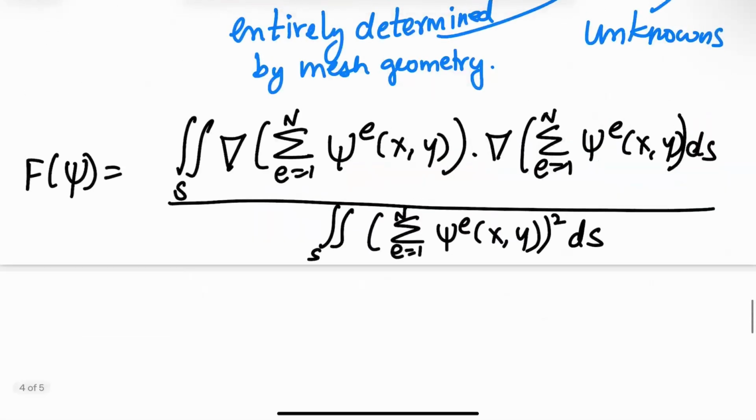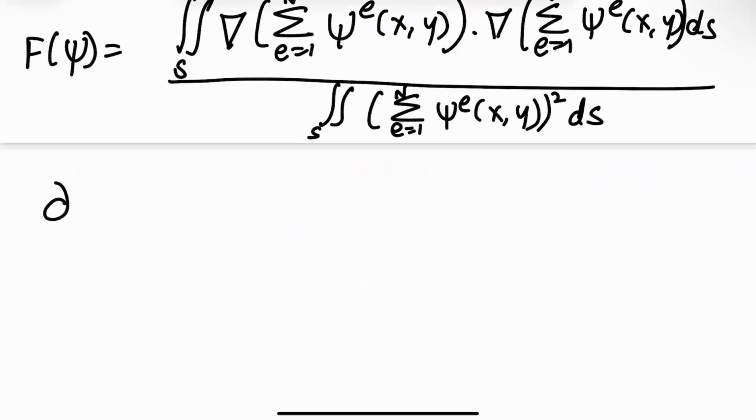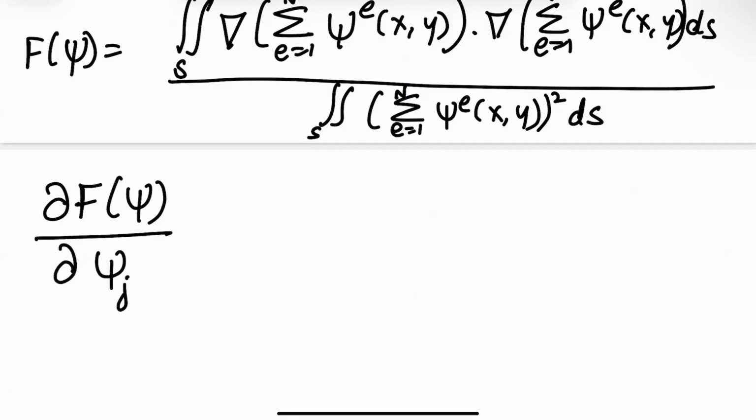Okay, so we want to show that taking the derivative of this with respect to the basis function, the unknown quantity, psi je, setting this to 0 gives psi je.